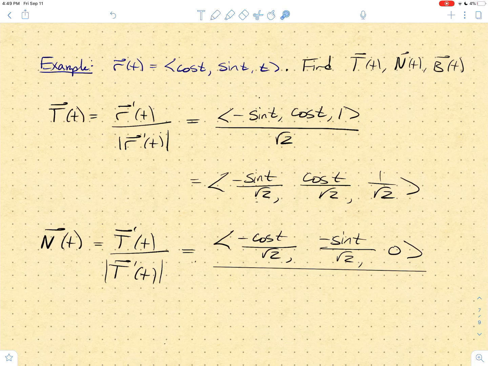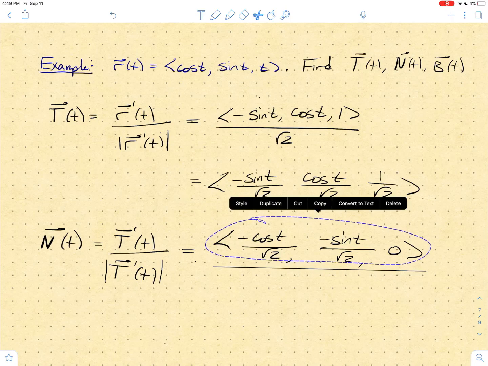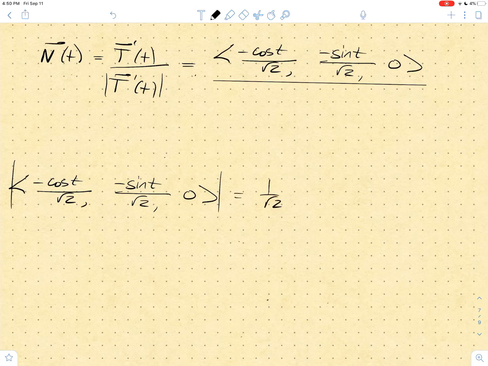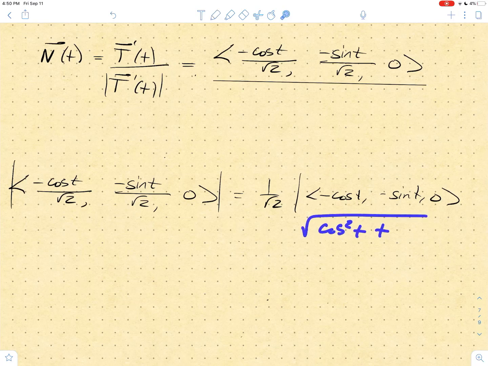The length of T prime is 1 over root 2 times the length of the vector minus cosine t, minus sine t, 0, and this is going to be cosine squared t plus sine squared t, which is just 1.